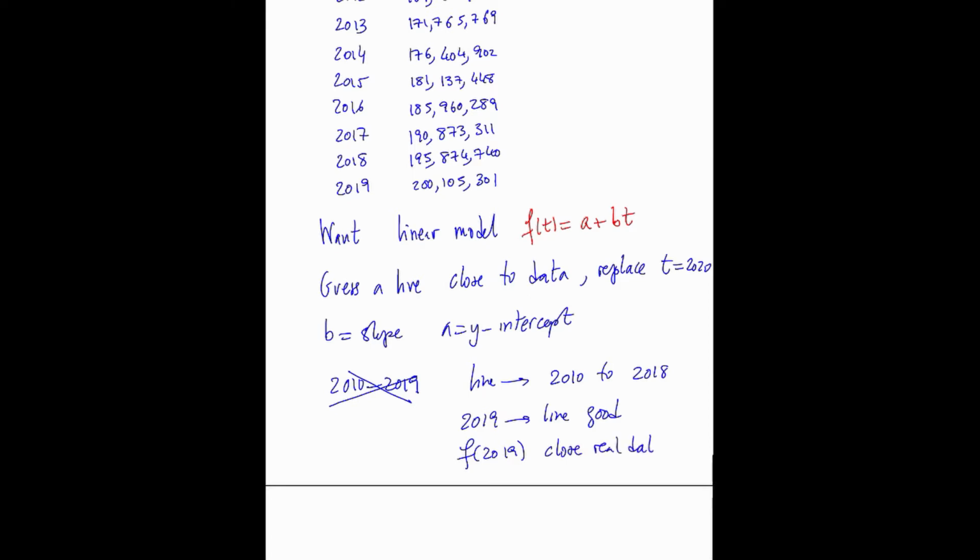If the function is good, then you can use it to predict. If not, you will have to make a new line.